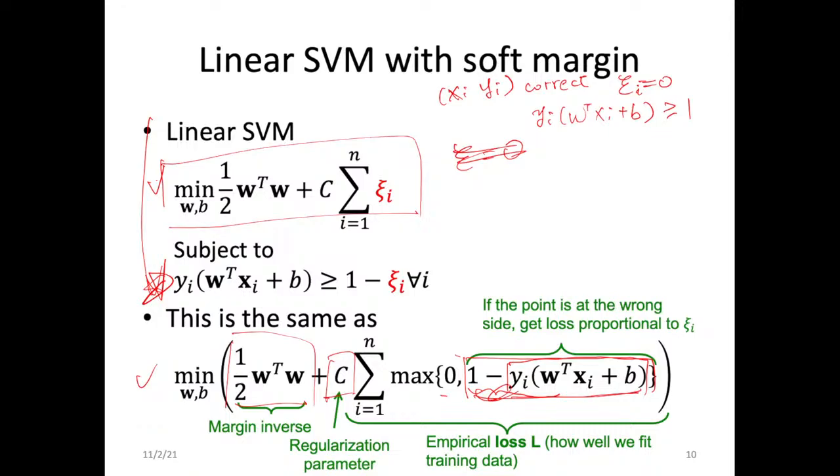Otherwise, if a certain xj, yj is incorrectly predicted, then there will be some psi. Right? Psi will be larger than 0. And then in this case, we will have some error.